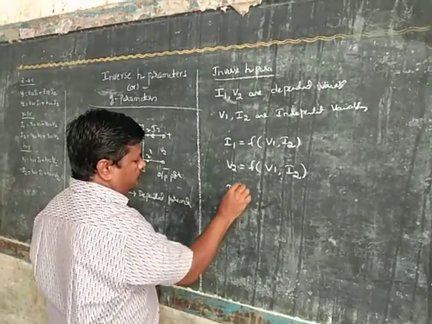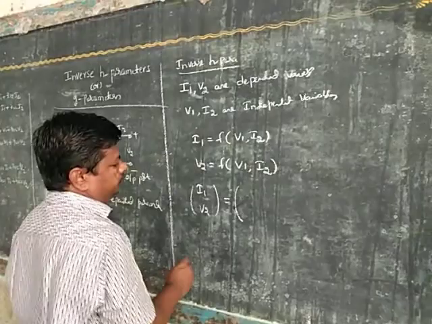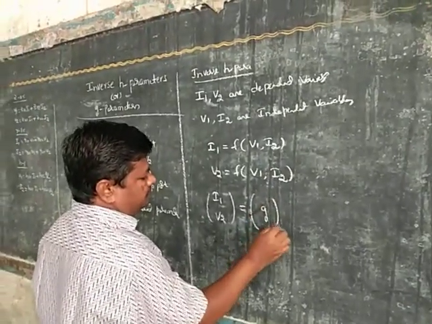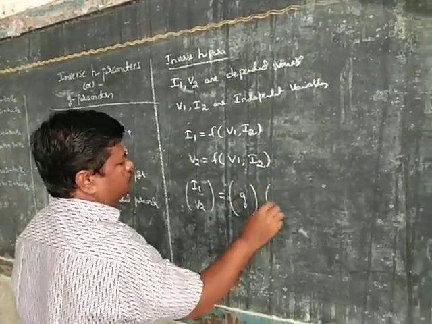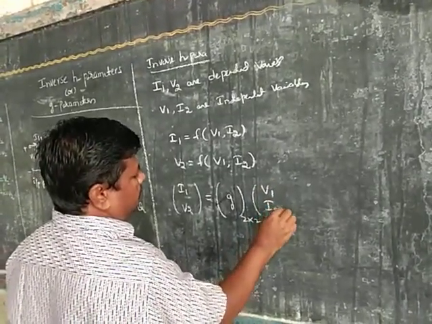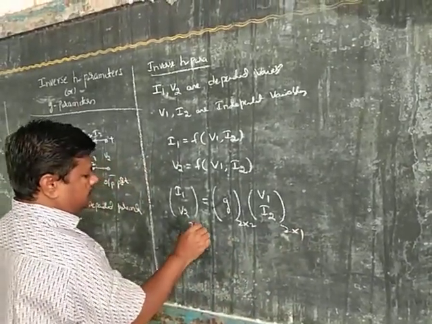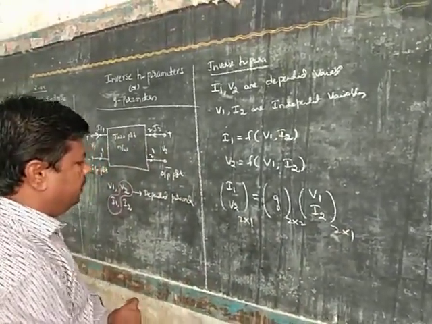I1, V2 is a function of some G matrix 2 by 2, and it is V1 and I2, a 2 by 1 matrix.